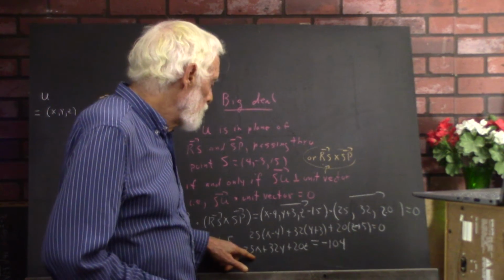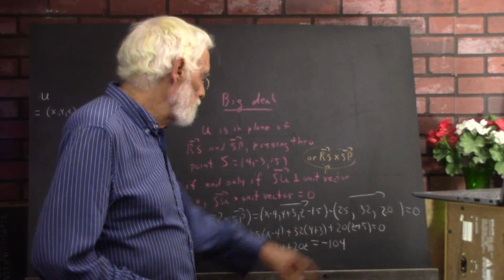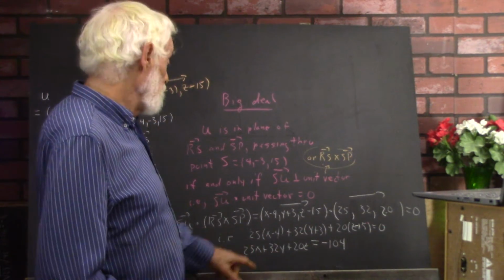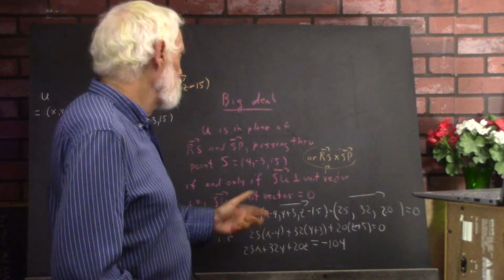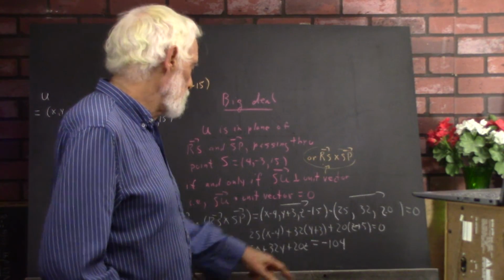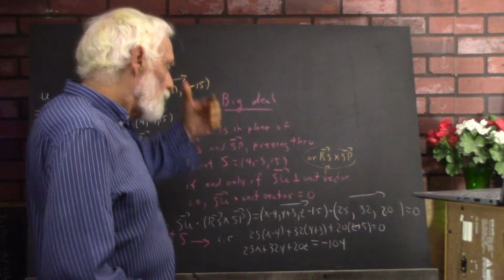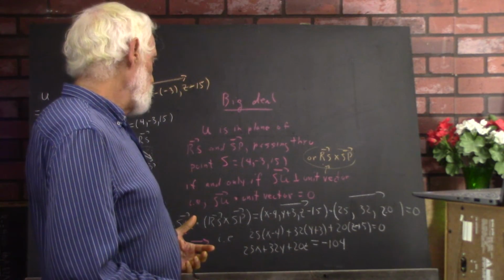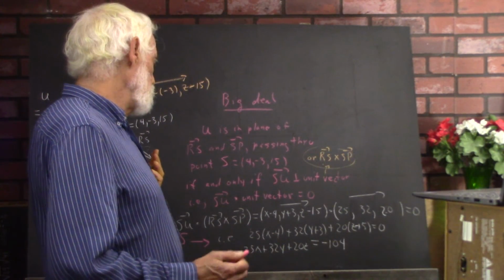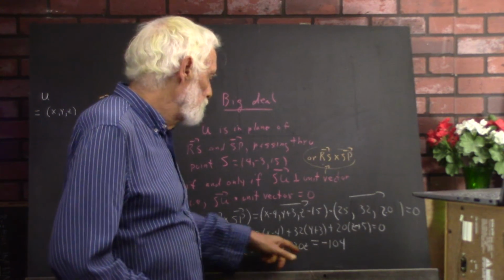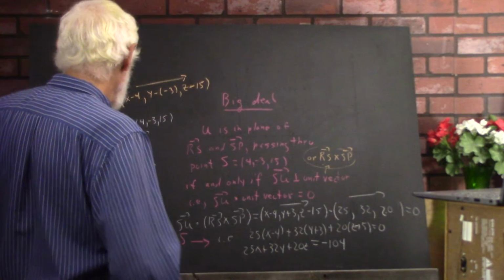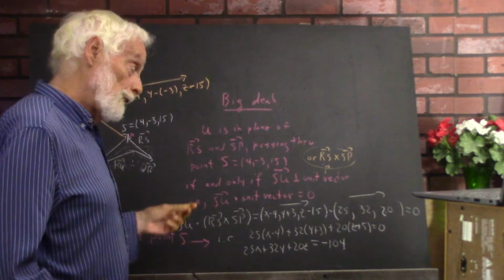Okay, so if I have an x, y, and z that makes this true, like for example, y equals 0, z equals 0, well, 25x equals negative 104, so x is negative 104 divided by 25, which is negative 4.16. Maybe that makes sense in terms of the orientation of this figure. Maybe it doesn't.